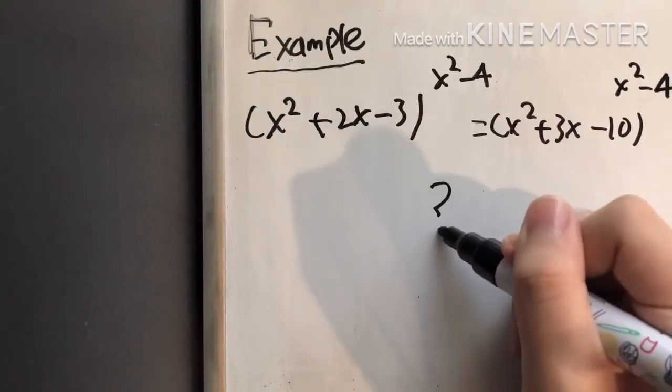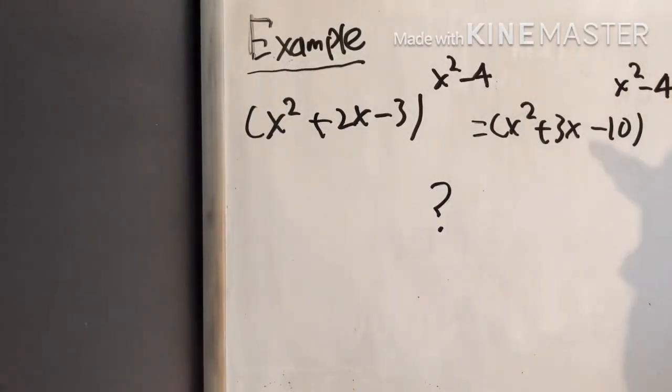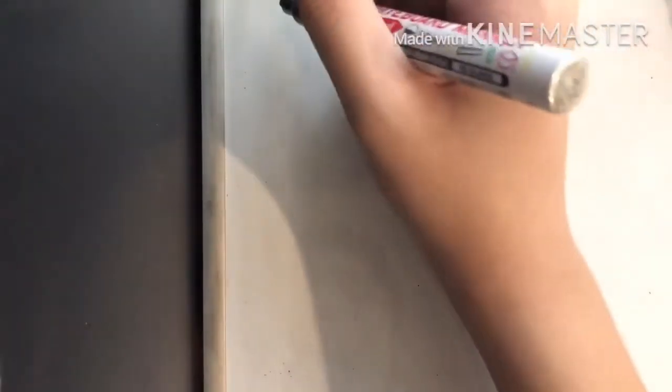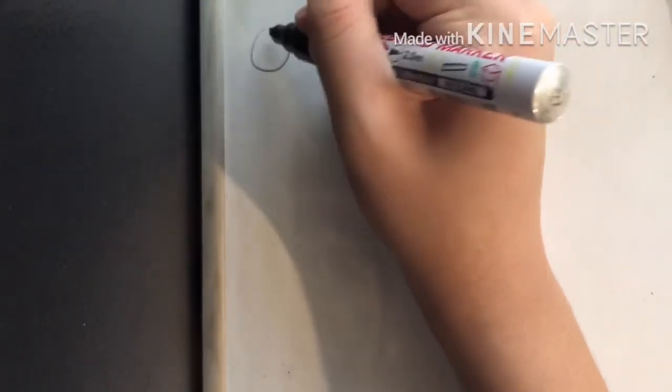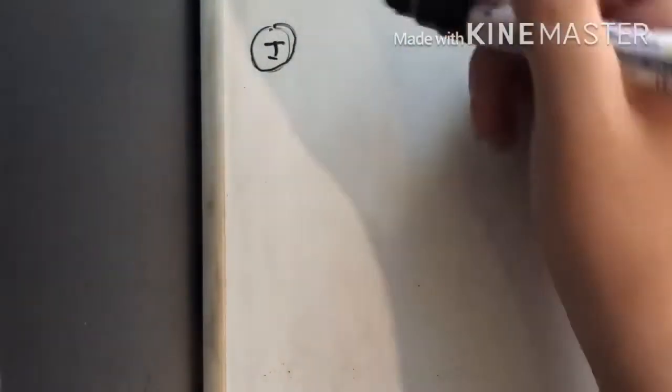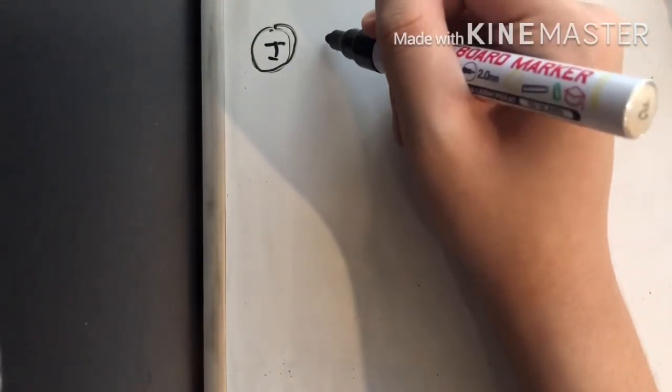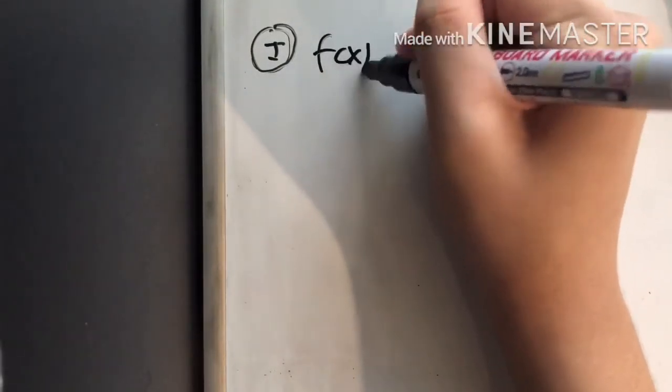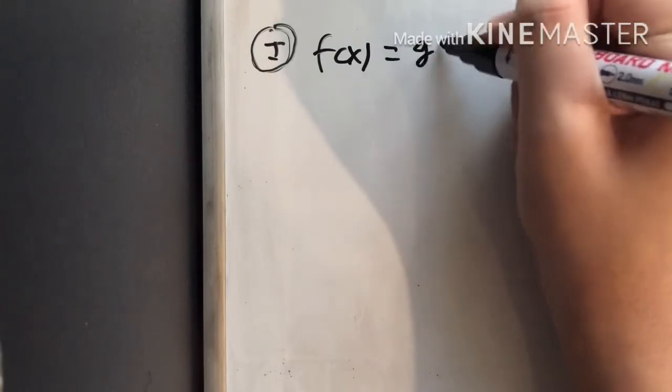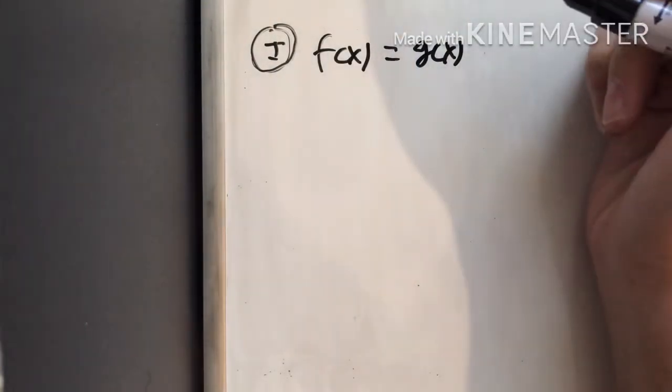So in this equation, we want to solve for the x. To find the x, there are two conditions. The first condition is f(x) is equal to g(x).